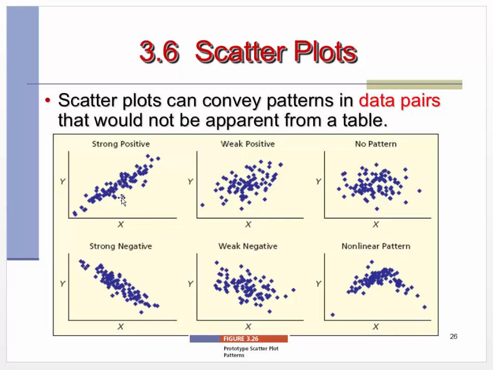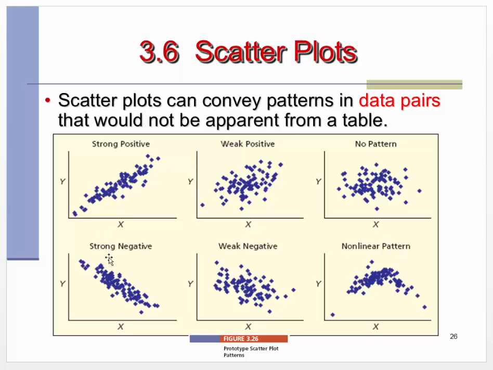You plot one point, and you go over this on all the data points you have. If you see a pattern in a plot like this, we call this a strong positive. We'll talk more about this later on. It's positive because as x goes up, y seems to be going up as well. That's why it's going up like this. And it's strong, meaning the dots are closely held together.